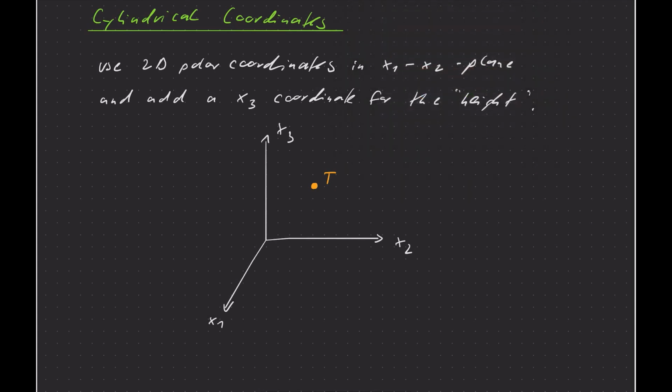Then using cylindrical coordinates, we would describe that point basically through its projection in the x1, x2 plane. So that would be here. That means this here is the height component. And then we could describe that projection, this one, through its polar coordinates, rho and phi. So those three coordinates make up the cylindrical coordinates.